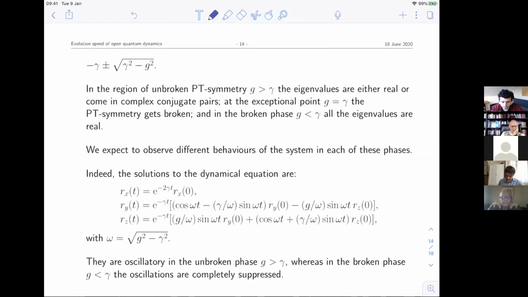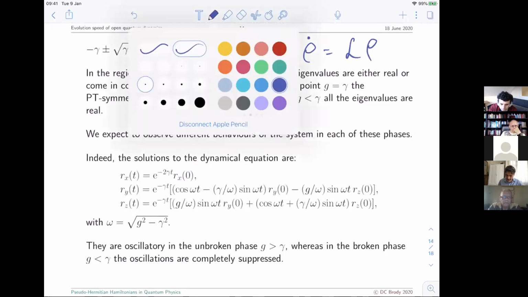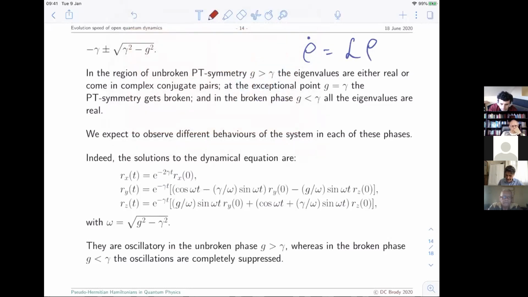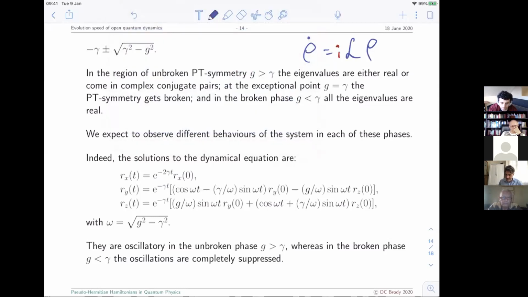The point is rho dot is L times rho, and we are using the representation where there is no i. Therefore, with the breakdown of PT symmetry, things come in the reverse direction, so to speak.